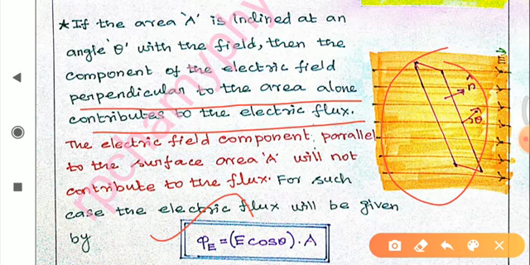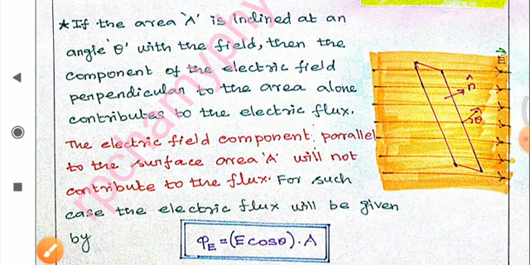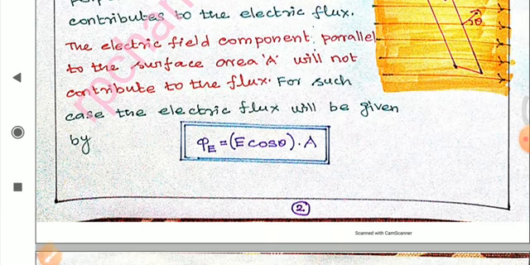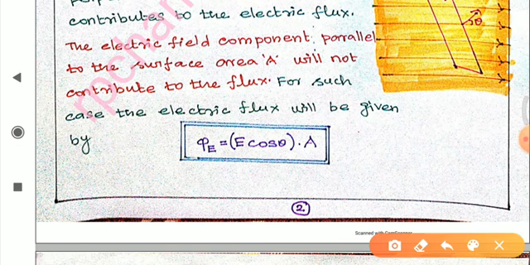The component perpendicular to the surface alone can produce the electric flux. The component parallel to the surface cannot contribute any electric flux. So the total electric flux is given by phi E is equal to E cos theta times A.